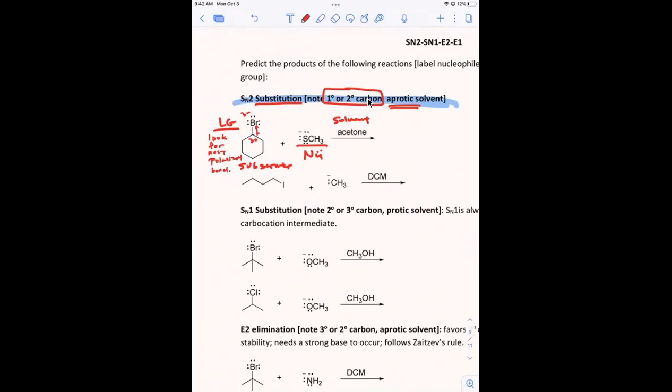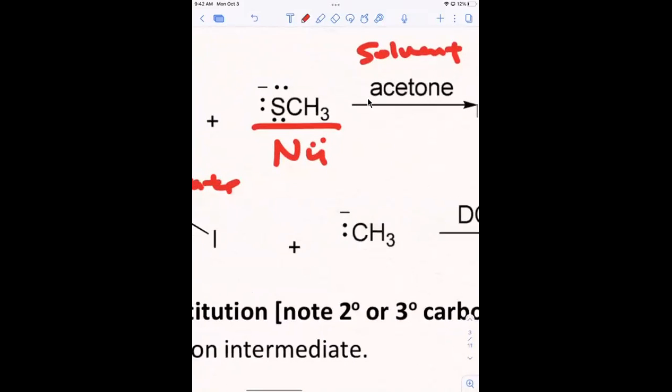A new carbon-carbon bond? Well, in this case, am I making a carbon-carbon bond? Sulfur has the electrons, so the bond is going to be between sulfur and carbon. I agree you're going to get a new bond, but it won't be between two carbons because the sulfur is what's nucleophilic.